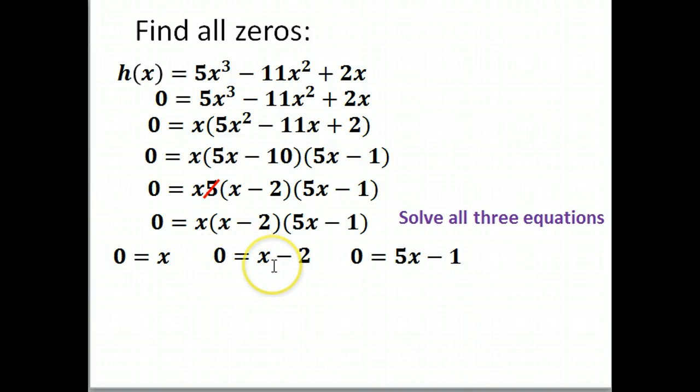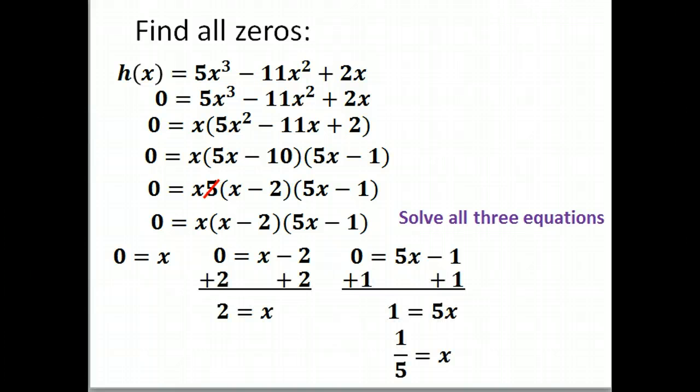This one, I go, okay, x minus 2 equals 0, so I move my 2 onto the other side. And this one here, 5x minus 1 equals 0, so I add 1 to both sides and then divide by 5. I'm going to do that now, and magically I did it really quickly.